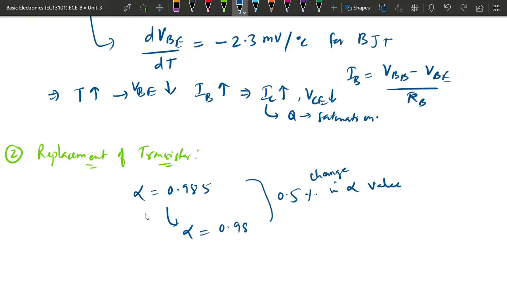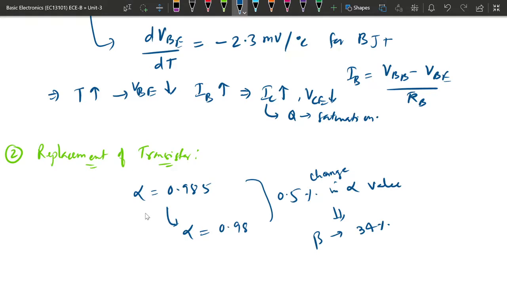If the alpha value changes by 0.5%, then by putting in the values we can get that the beta value will change by around 34%. That means a small change in alpha is going to affect the beta value by 34%.